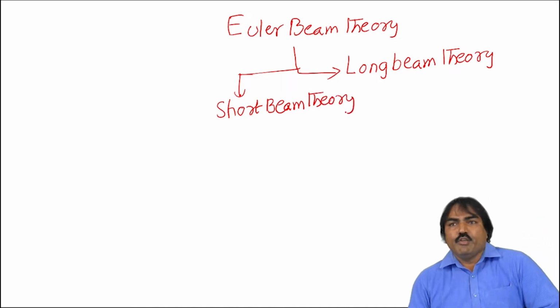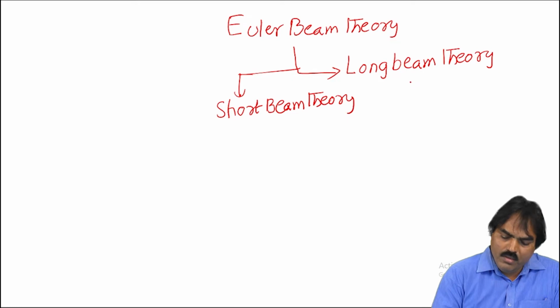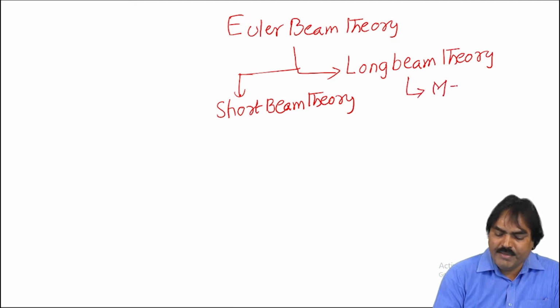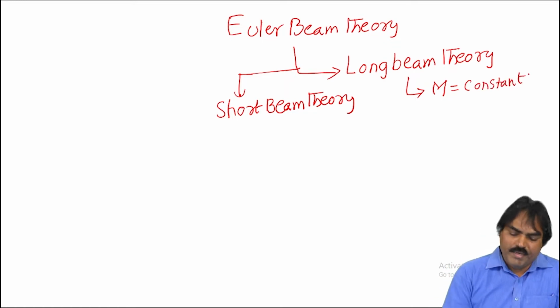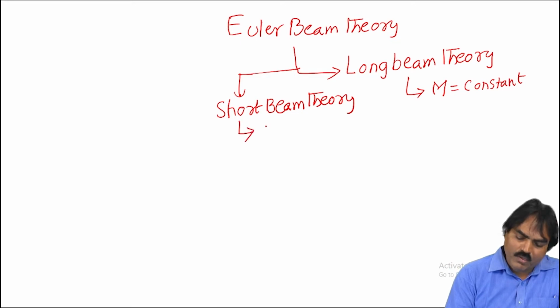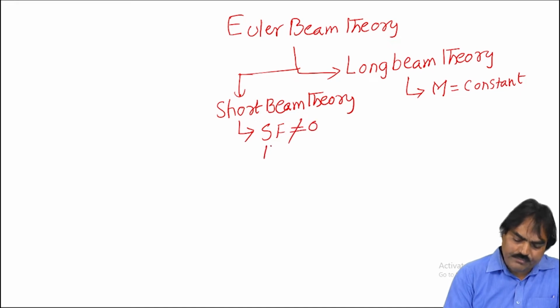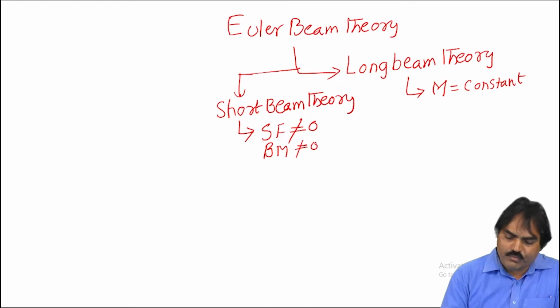In the long beam theory, the bending moment that is acting on the beam will be constant. Whereas in the short beam theory, the shear force will be more dominant, which is not equal to 0. In the beam, the bending moment also will be present, which is not equal to 0.